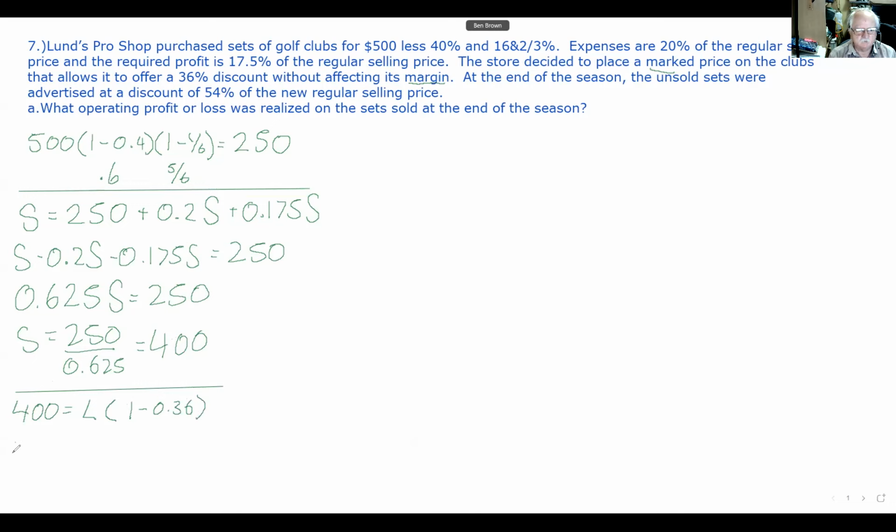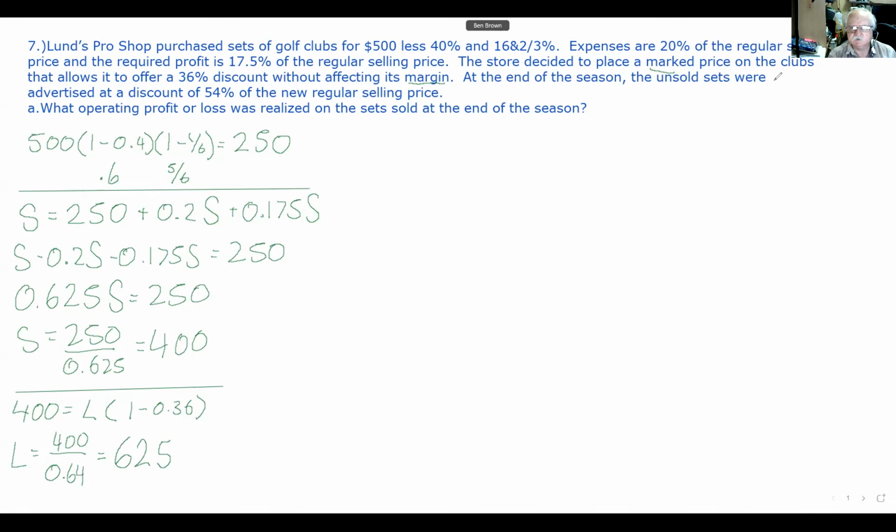Okay, so list must be equal to 400 divided by 0.64. So 400 divided by 0.64, I'm getting 625. So that's their artificially inflated price.